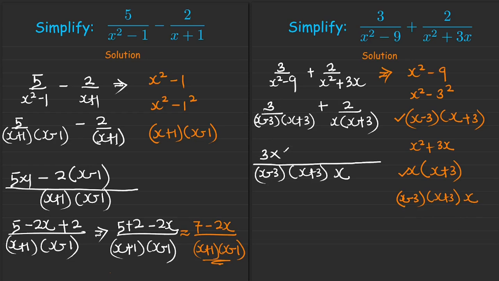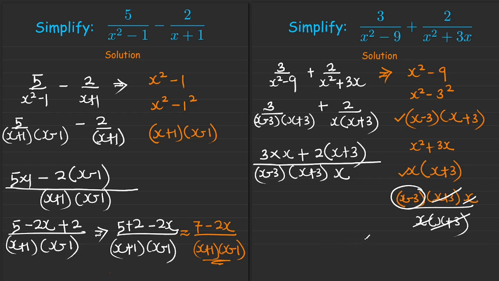So x times 3 times x plus, so we come and then divide also by x into bracket x plus 3. X plus 3 cancels out to the x plus 3. This x cancels out to the x, and this is what we are left with. So the 2 actually multiplies x plus 3.